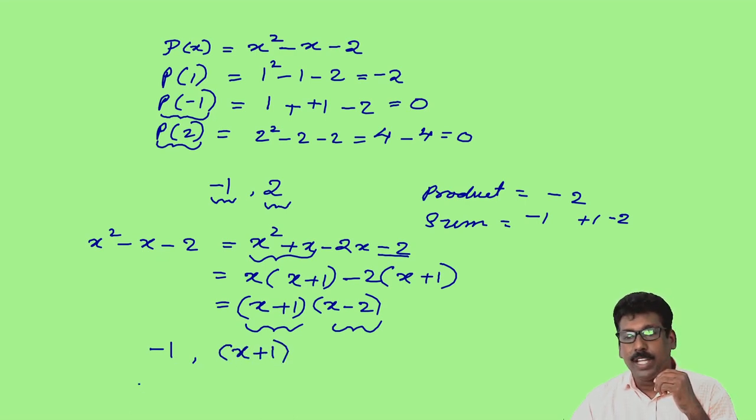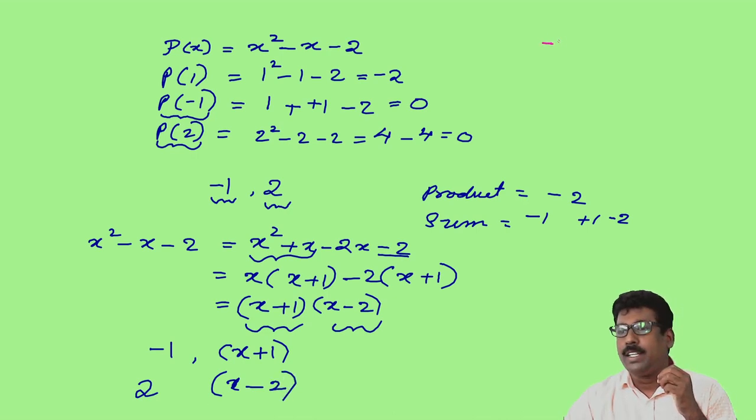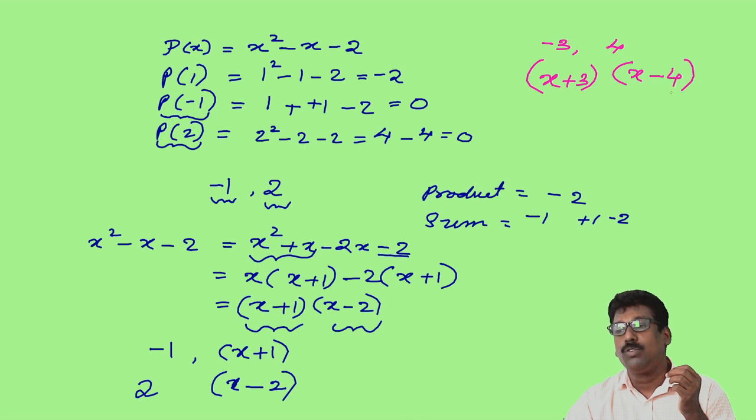And if 2 is a zero, then you can write x minus 2 as a factor. Suppose you are taking negative 3 and 4 as the zeros of a given polynomial. Can you say what the factors are? Yes, x plus 3 will be a factor and x minus 4 will be the other factor.